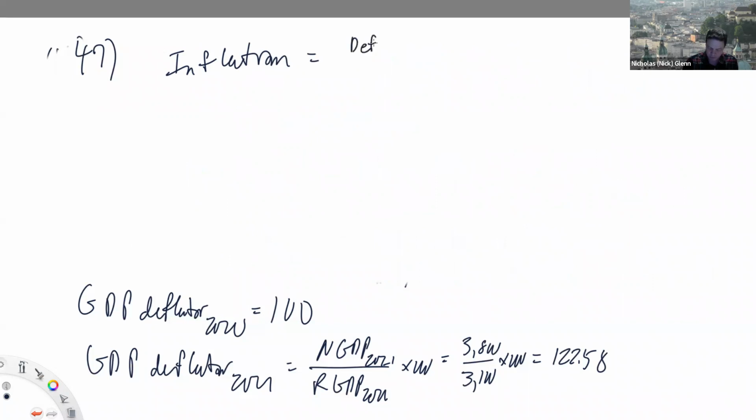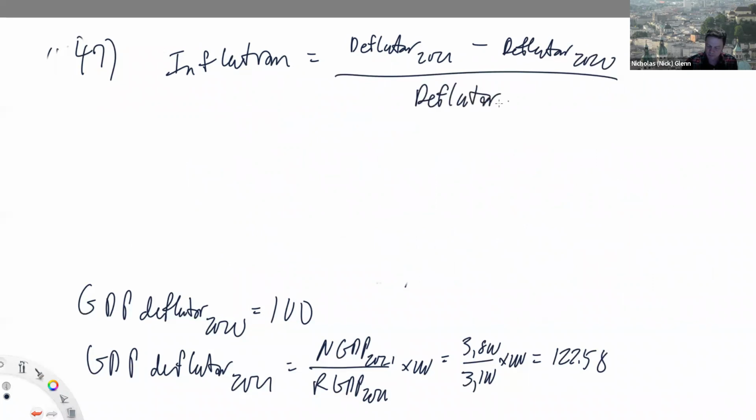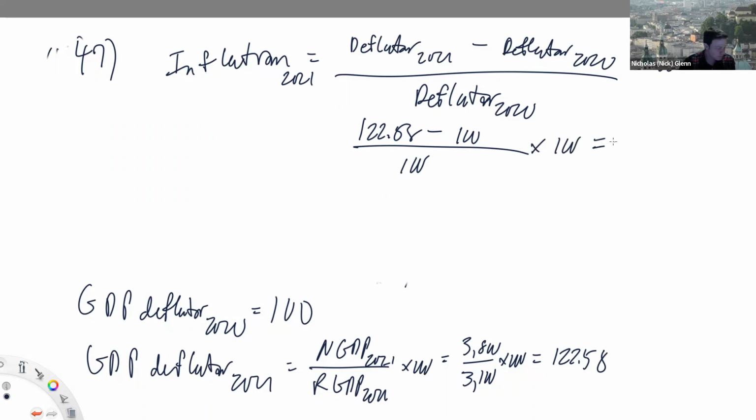So it's going to be the deflator from 2021 minus the deflator from 2020, divided by the deflator from 2020, times 100. The inflation for 2021 using the deflator will be 122.58 minus 100, divided by 100, times 100, and that'll give us a rate of approximately 22.6. So that'll be the inflation rate for this economy.